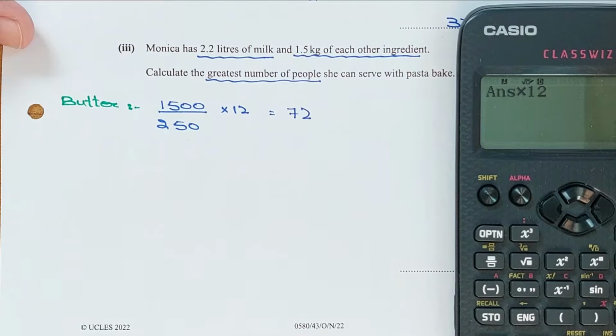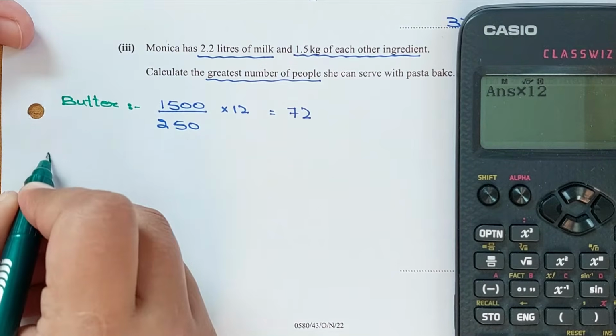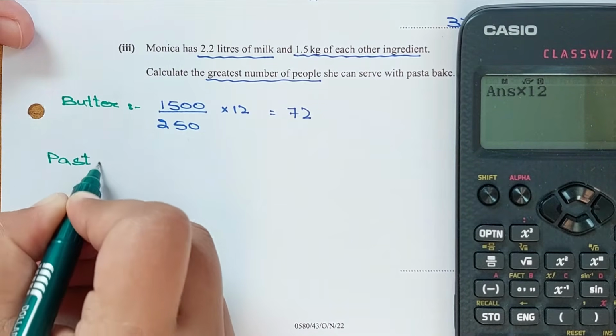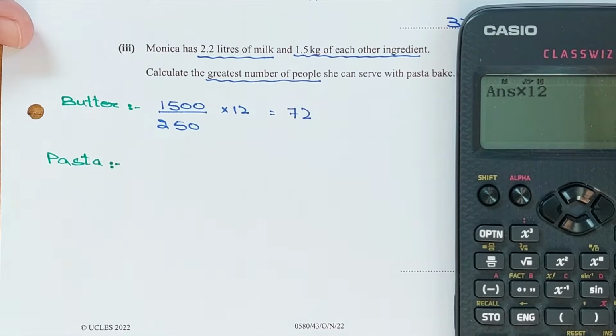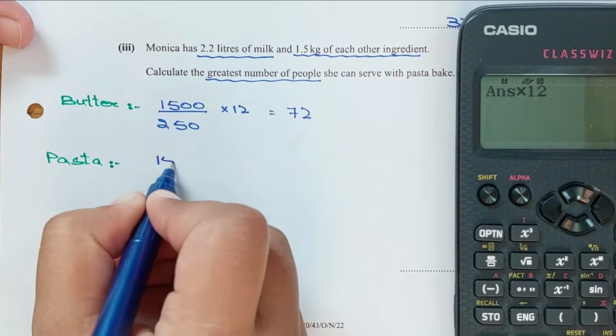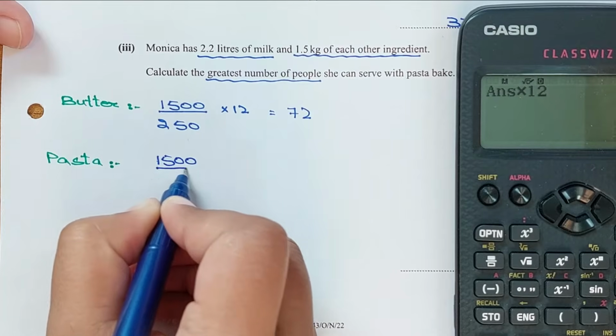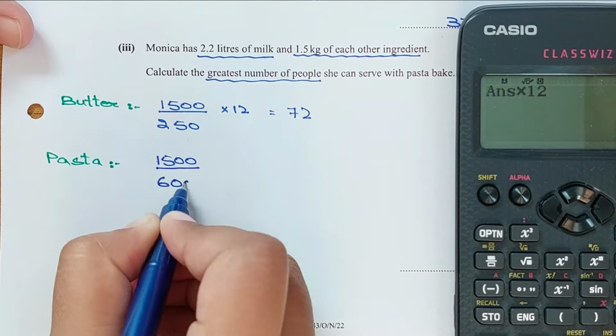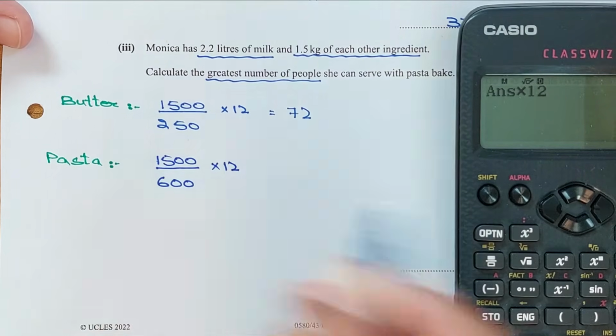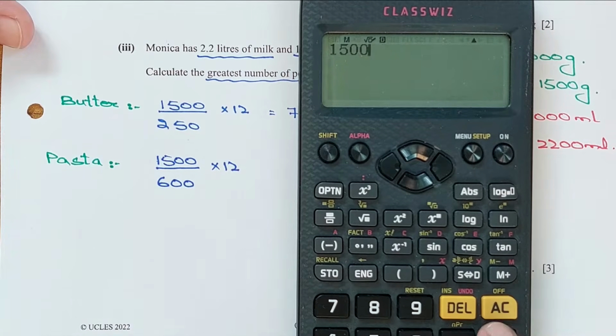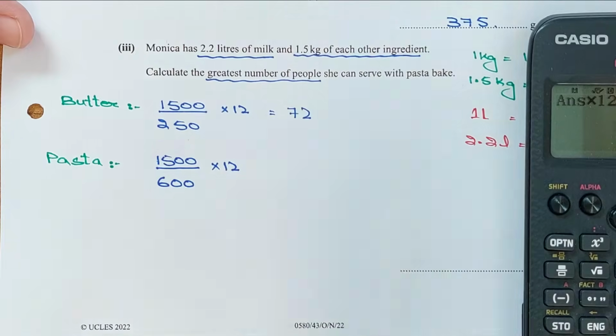For butter, 72 people. The second ingredient is pasta. We have 1500 divided by 600 grams for 12 people. 1500 divided by 600 times 12 is 30 people.